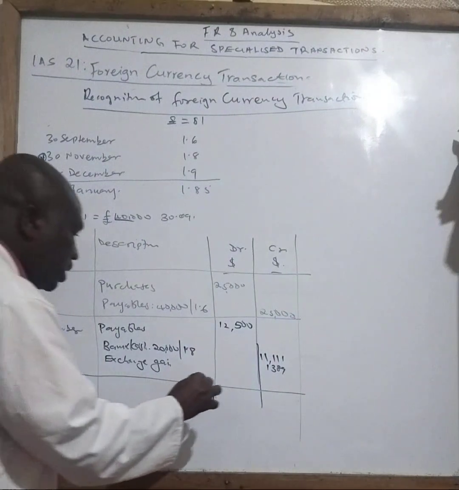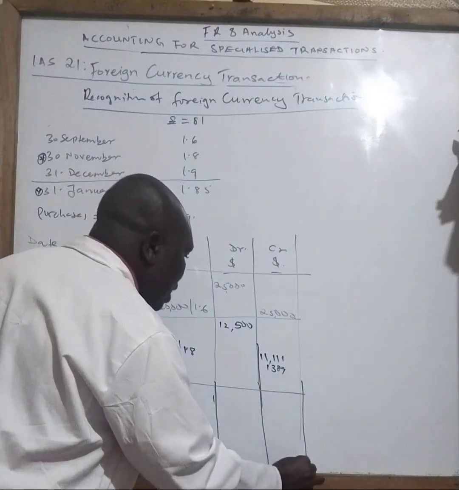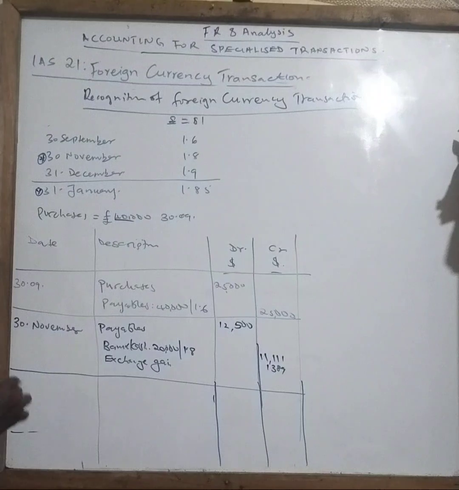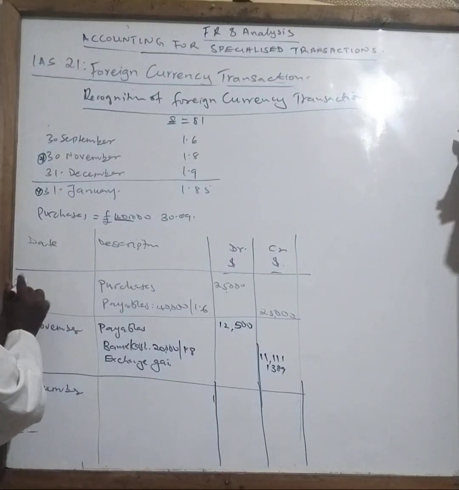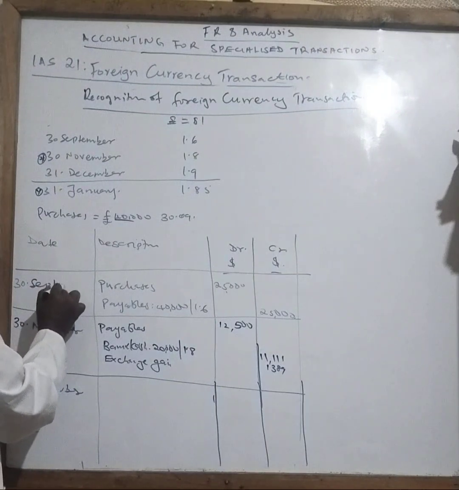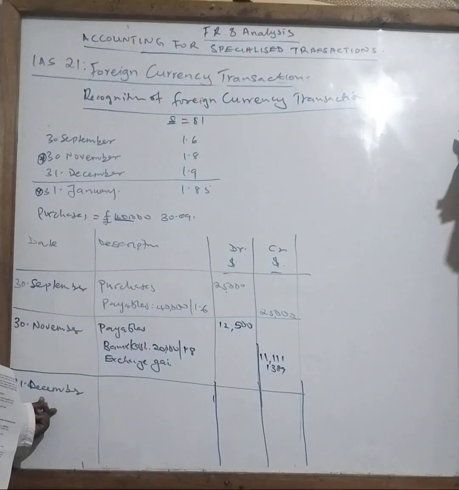Now, look at what is happening. The next payment is the following year. But what will happen on 31st of December when we are closing the books? There is nothing that is taking place in December.